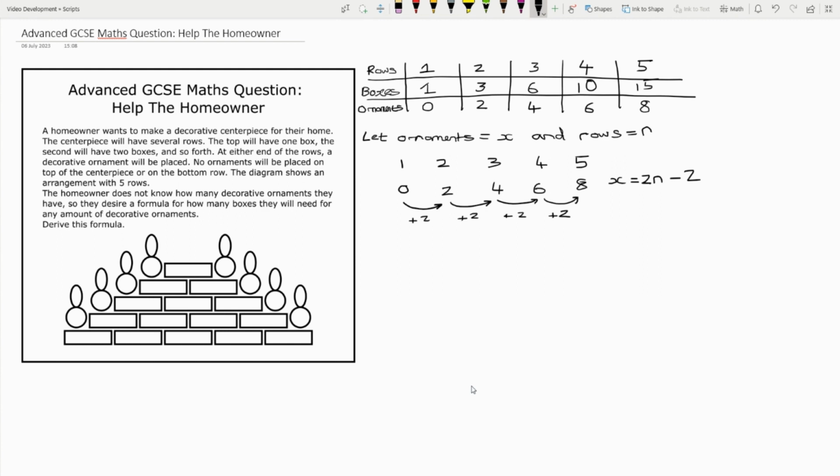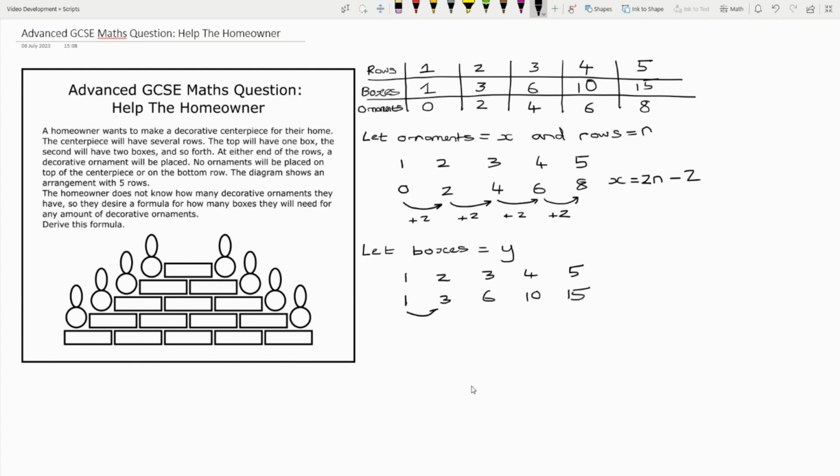Now we're going to do the same for the boxes. So we're going to let the boxes be equal to y. So we have 1, 2, 3, 4, 5, and then the boxes increase: 1, 3, 6, 10, and 15.